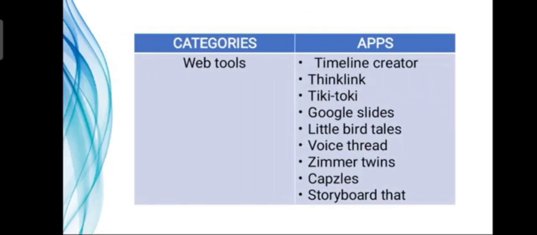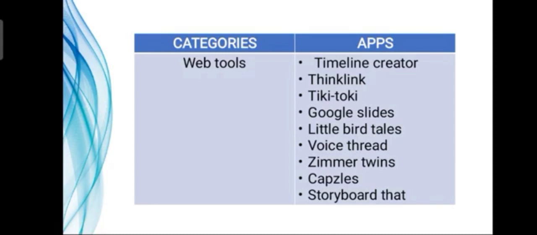The next category is the web tools. Examples of these apps are Timeline Creator, ThingLink, TikiToki, Google Slides, Little Bird Tales, VoiceThread, Zimmer Twins, Capsules, and Storyboard. So these are the apps in the digital storytelling wheel.